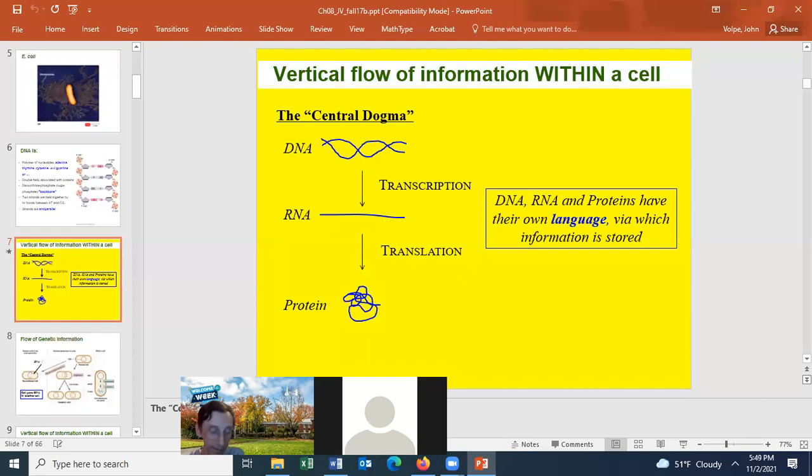And in our cells, from our DNA, this is the only way the information flows. The information that I know of never flows from protein to RNA. And in our genes, it never flows from RNA to DNA.